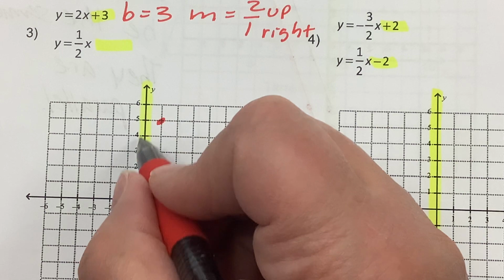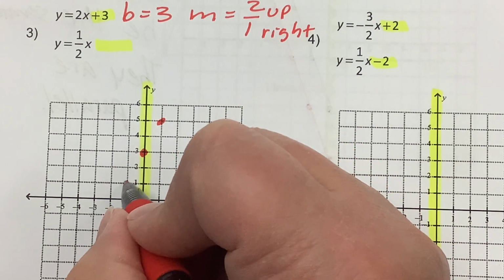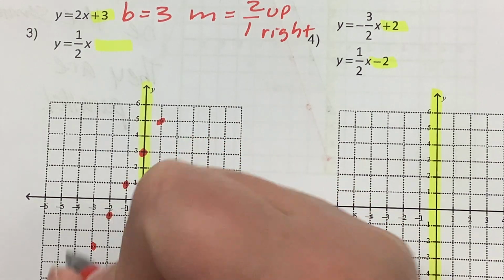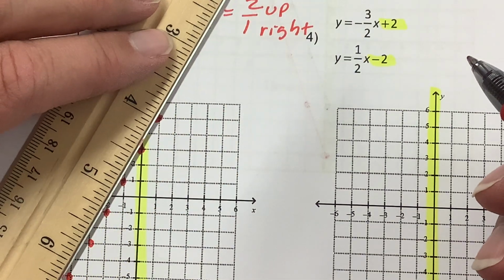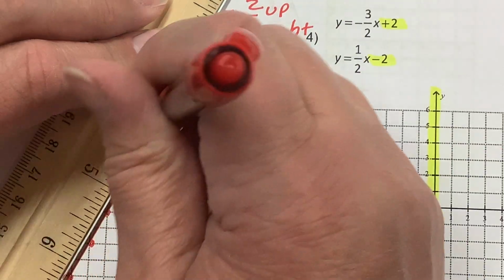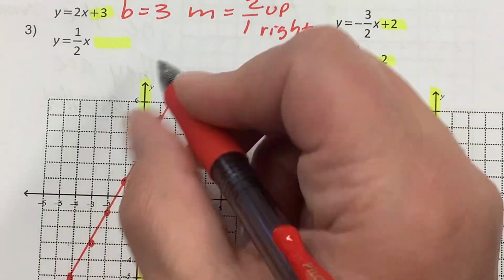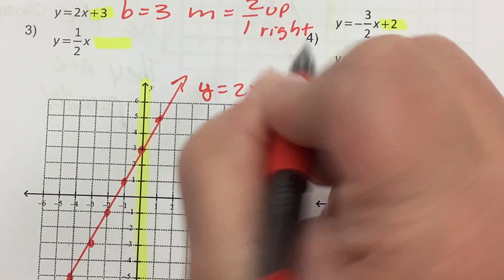The opposite of up 2 is down 2. The opposite of right is left. So I'm going to go down 2, 1 to the left, and just get a bunch more points. So when I graph my line, I have a lot of points. And notice they're all on the same line. So this is y equals 2x plus 3.